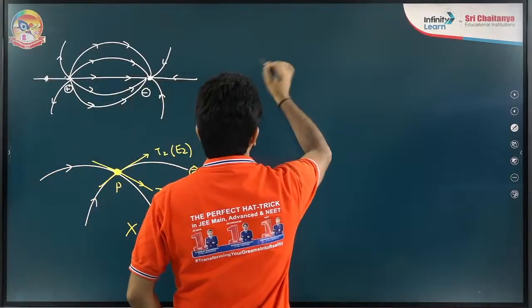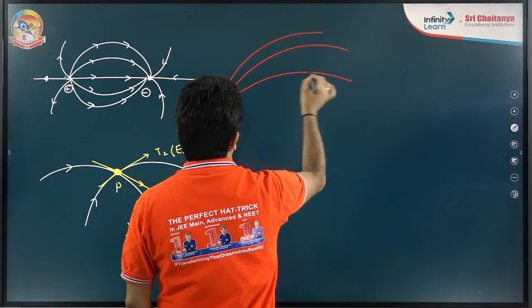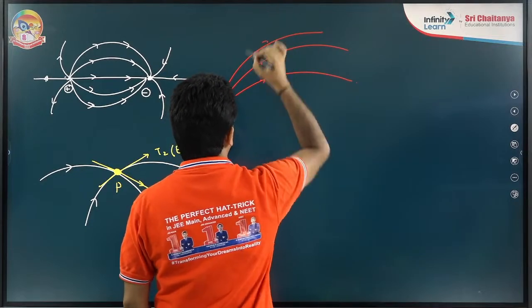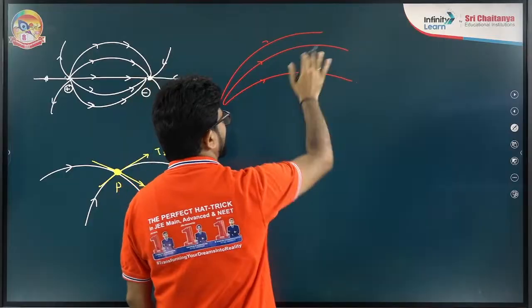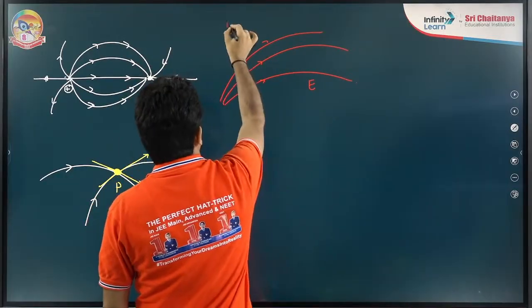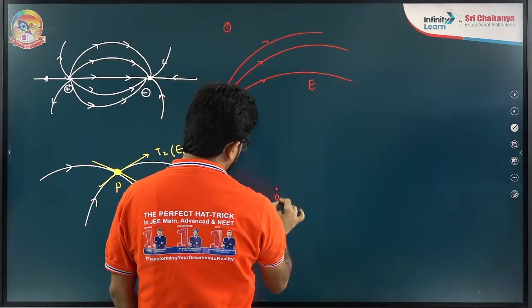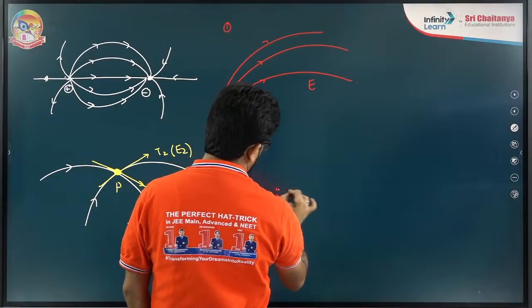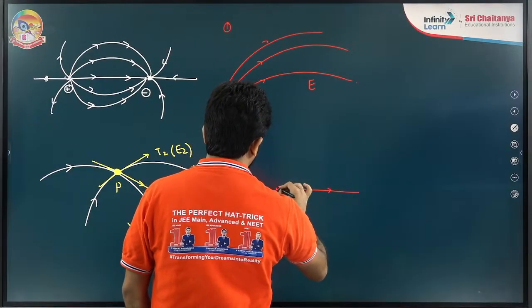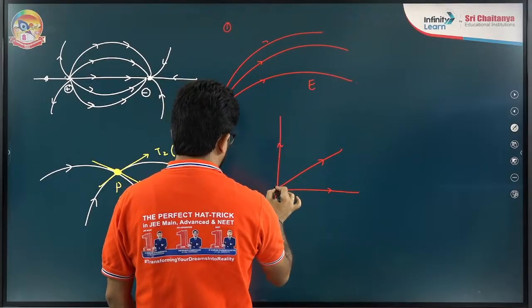Suppose if I say here, this is a very common question. The electric field is there. Okay, this is the electric field. This is case number 1. Case number 2. Suppose this charge is Q, and from this charge the field lines are there. Try to understand it.